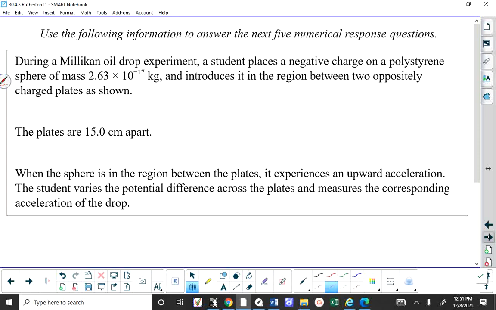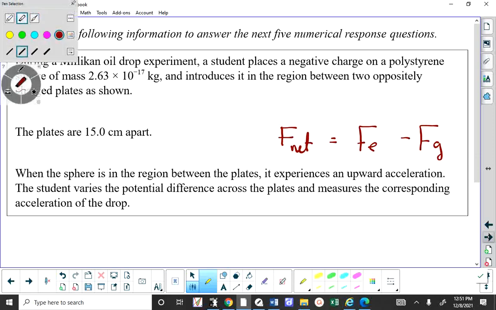When the sphere is in the region between the plates, it experiences an upward acceleration, k. Just a second. That's pretty important. That's the big picture in physics. The big picture in physics here is that the net force would be the electric force's magnitude minus the gravitational force's magnitude. In this statement, you have to understand that that means there must be an electric force up.